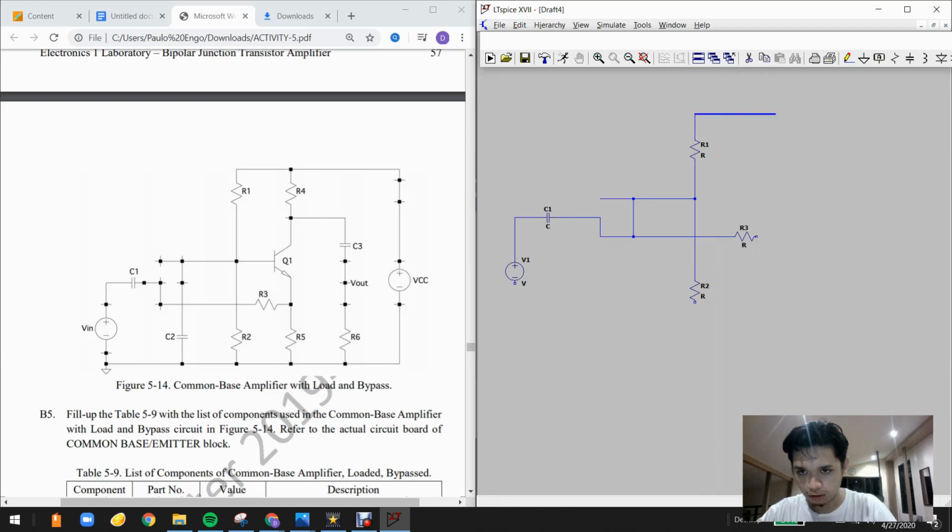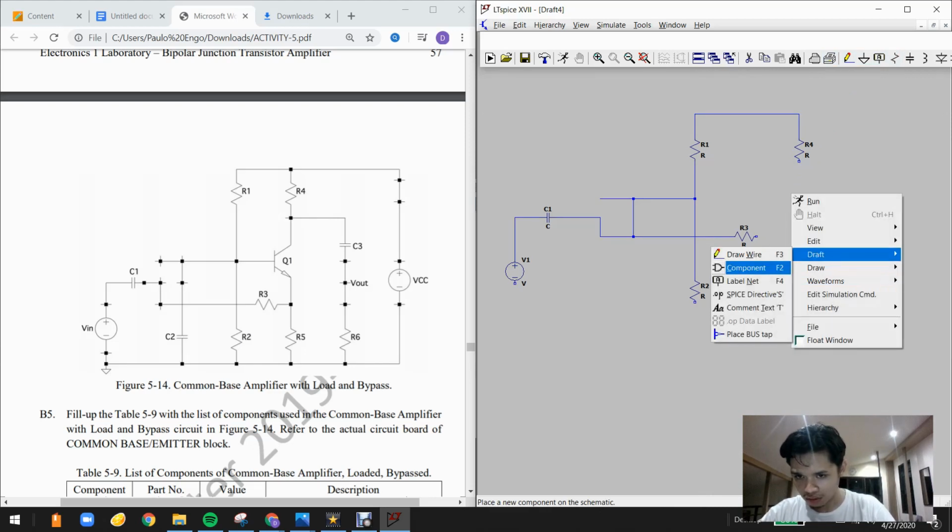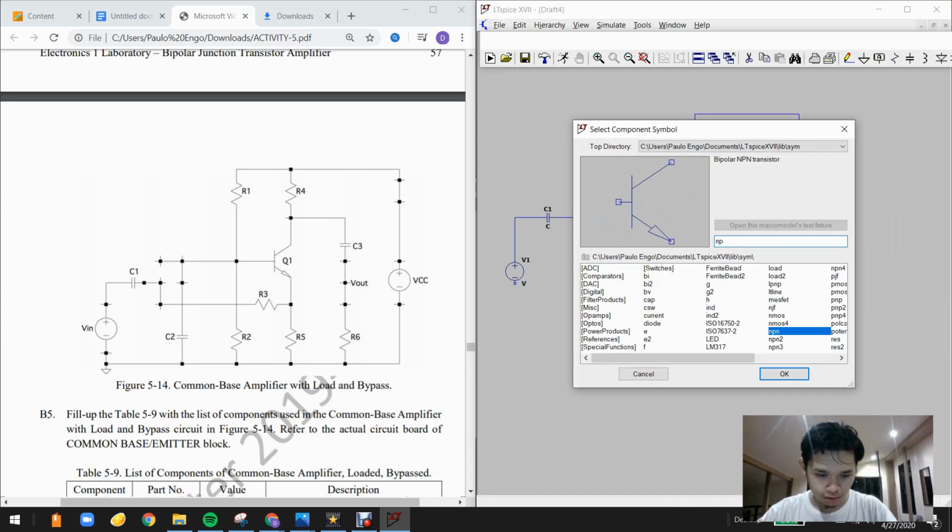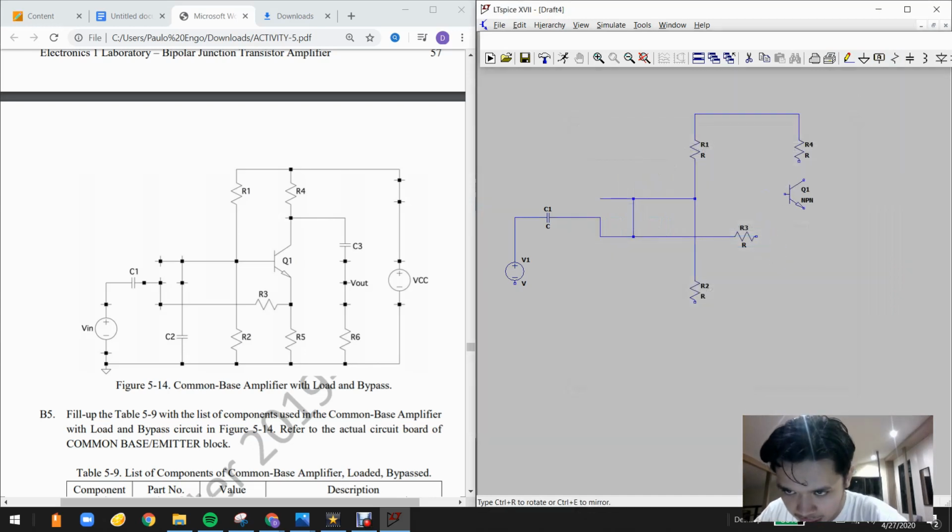So there's your R4, and we're looking for our NPN. Let's do series with this. Connect those lines together. There we go. Then let's go to R5.